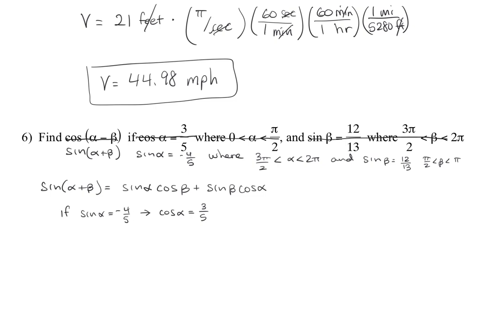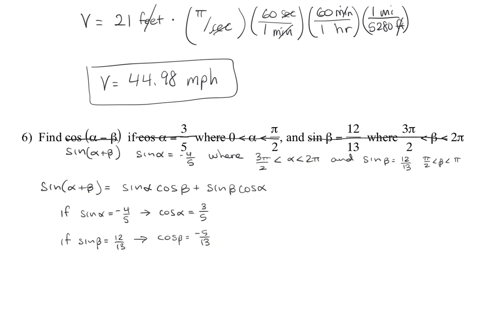And then if sine beta is equal to 12/13, and this is in quadrant 2 where sine is positive, then cosine beta is going to be -5/13, because in quadrant 2, cosine's negative.